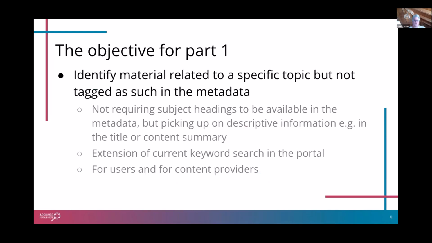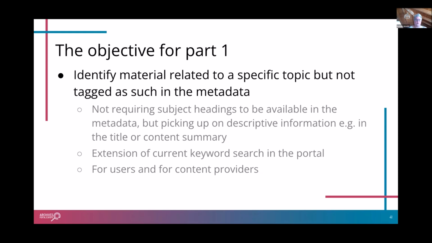So the part one, the objective for it was to be able to identify material that already is in Archives Portal Europe and that is related to a specific topic, but where we do not have the tagging in the metadata.